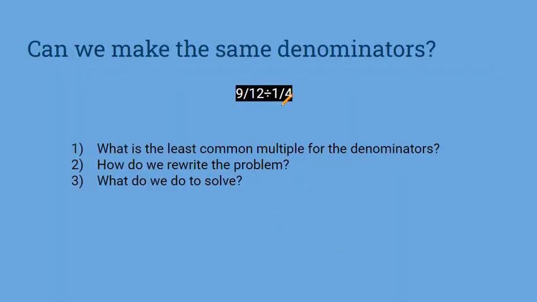So if I have something like 9/12 divided by 1/4, those don't have the same denominators, but can I make them into the same denominators? Probably can. What would be the least common multiple for 4 and 12? Yeah, 12 would be it, because 4 is a factor of 12, so we can leave that alone. So we can rewrite this as 9/12 divided by, and then I've got to rewrite that as twelfths.